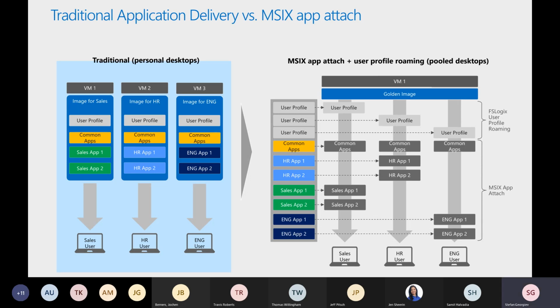There's really no way around it. Yes, technically with application layering you can get there, but one of the problems with application layering is what Samit was talking about. How do you get the applications there?